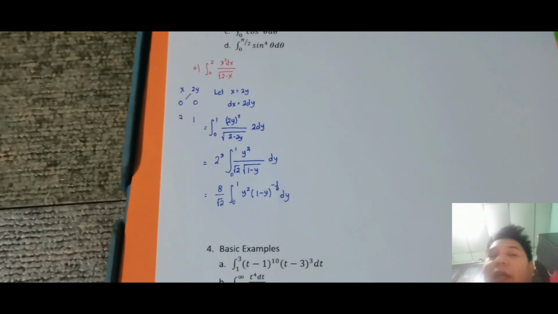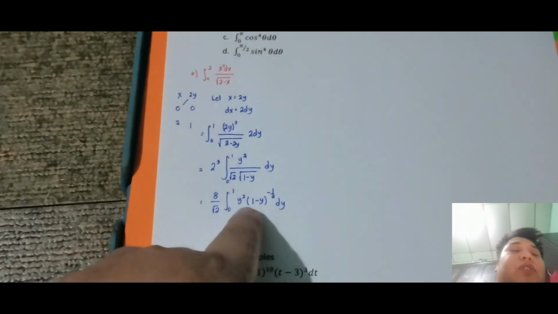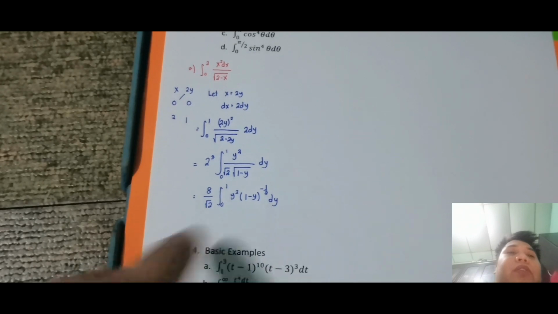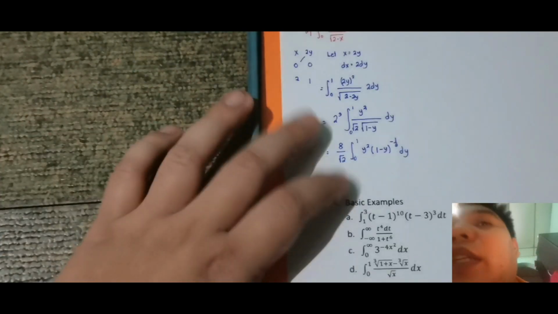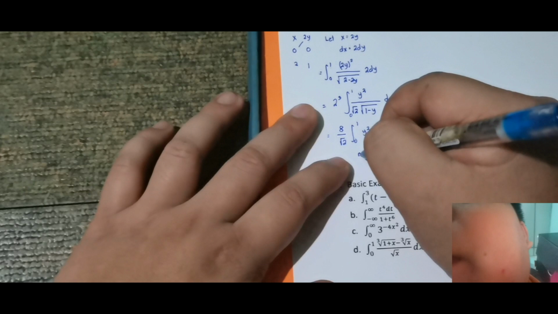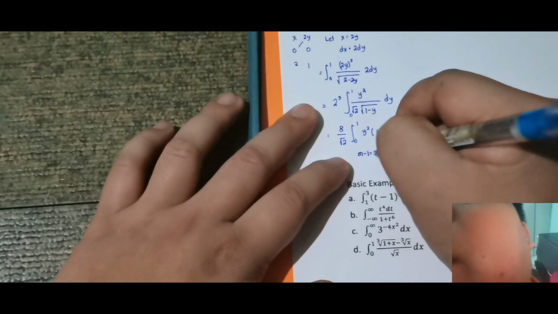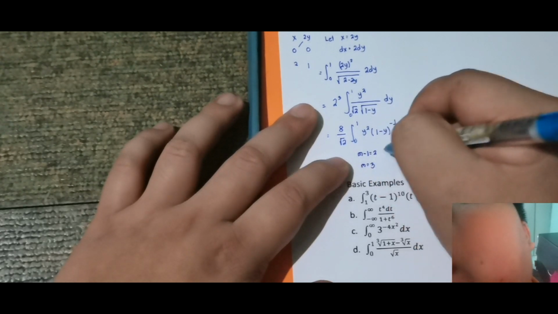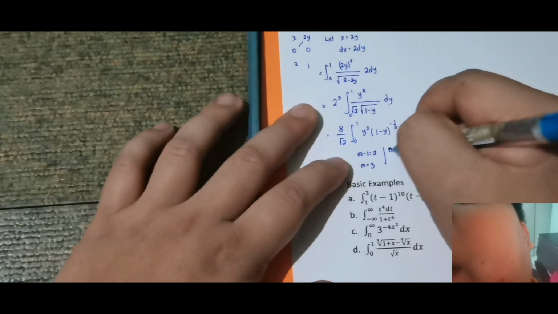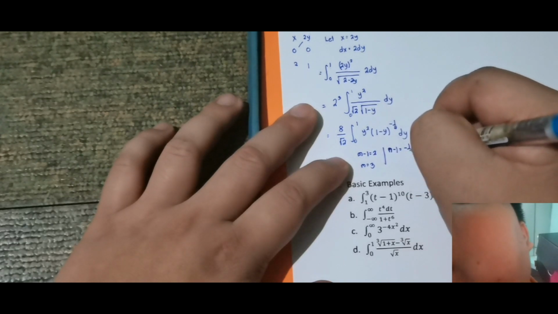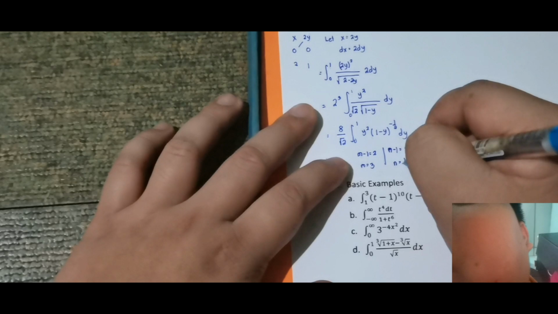So, ang goal natin, syempre gagamitin natin yung beta function through the use of that. So, beta function yan, yung m natin, m minus 1 is equal to 2. So, therefore, m is equal to 3. Dito naman n minus 1 natin is equal to negative 1 half. Therefore, n is equal to 1 half.